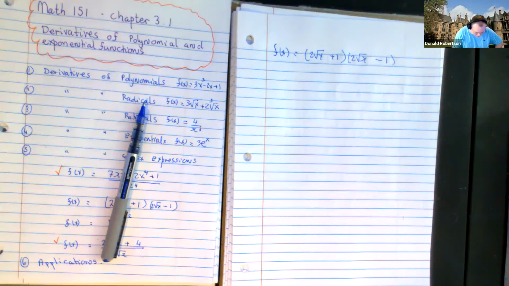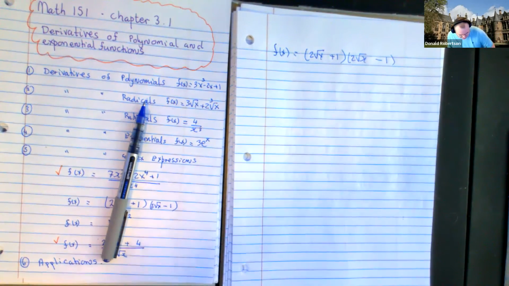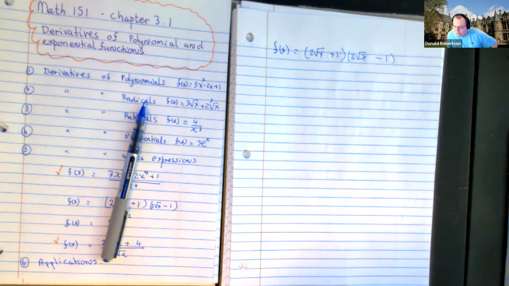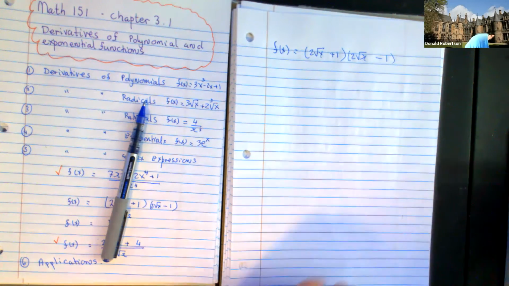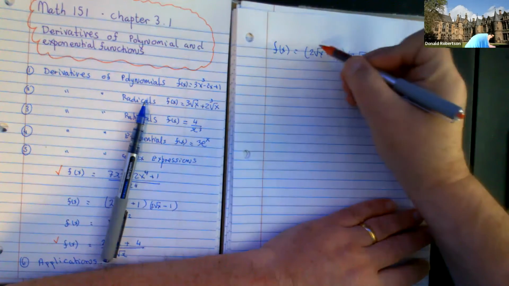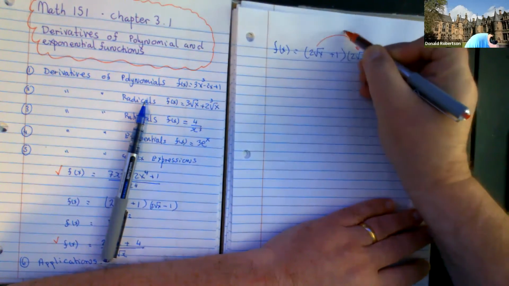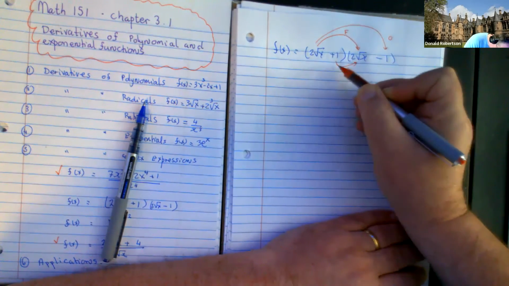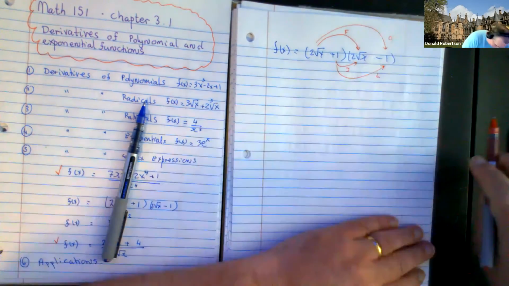But what would you expect to do algebraically to get this in a form that would let you differentiate? Expand it. Yeah. What I call FOIL, but expand it is correct. So F, O, I, L, would FOIL it.